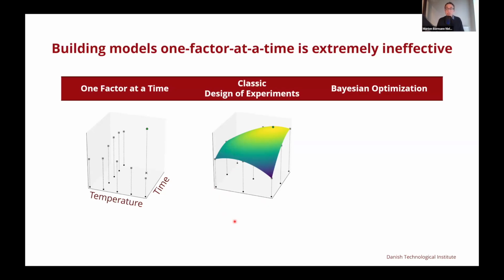And even though design of experiments in the classical sense is not a focus of today, it is, I think it's fair to say, a very successful method and has lots of examples of this working well. The issue from a practical standpoint in a lot of industry is that the number of experiments you have to run in order to build a reliable map when you have a complicated process, say 10 or 15 or 20 factors, the number of data points you have to collect to draw this map is very big.